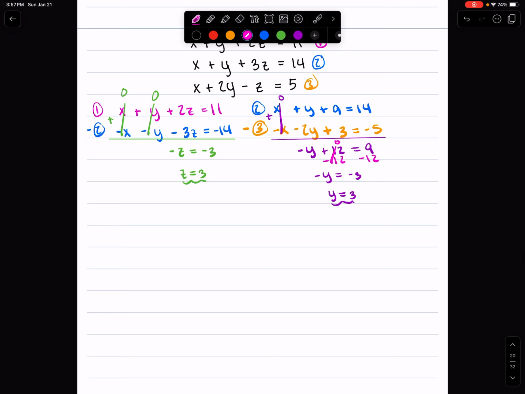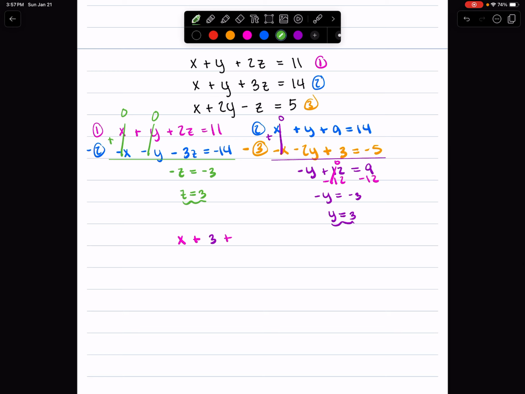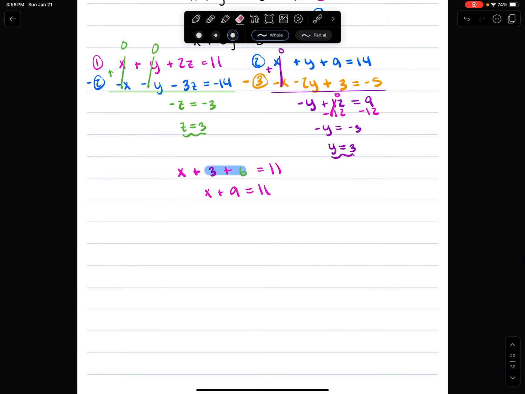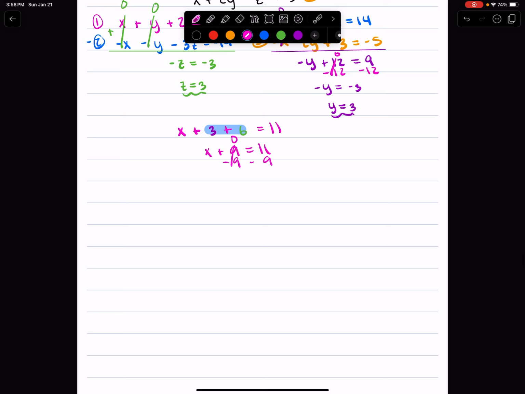So if I plug it back into equation 1, we get x plus y, which is 3, plus 2z, which is 2 times 3, which is 6, equals 11. 6 plus 3 is the next operation we're going to do to start simplifying this, and that gives me 9. So our equation becomes x plus 9 equals 11. To solve for x, we subtract 9 from both sides. 9 minus 9 is 0. 11 minus 9 is 2. So we get that x equals 2.